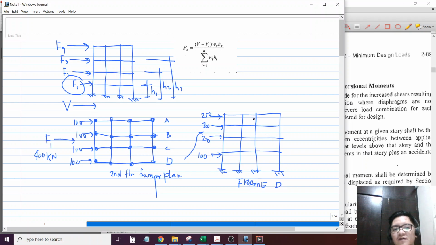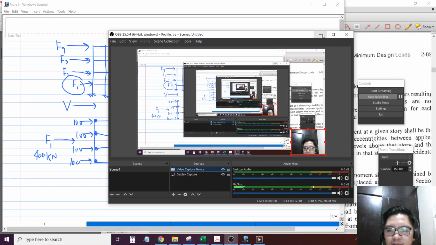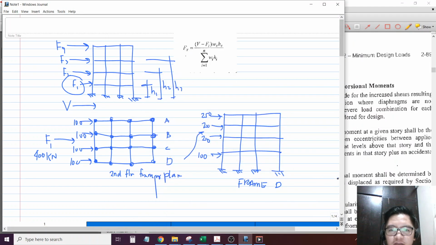So, you're now going to analyze this using the lateral force method. So, what's the lateral force method na natutunan nyo? Either factor, portal, or cantilever. So, that means once you went on this stage, balik ka na sa structural analysis, indeterminate structural analysis.